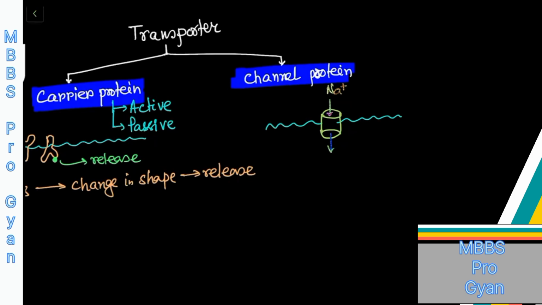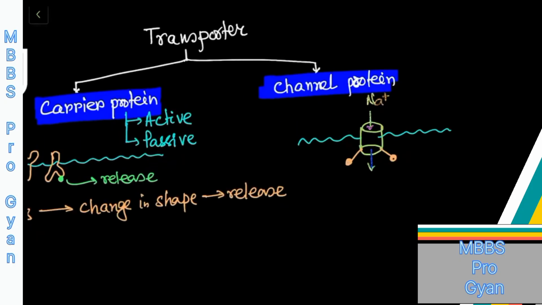Obviously, the channel protein is not going to change in shape, although certain channel proteins contain certain gates. Now, how will this gate open in case of channel protein? It can open in presence of voltage change of the membrane. Suppose this cell membrane is depolarized. What will happen? The gate may open up.